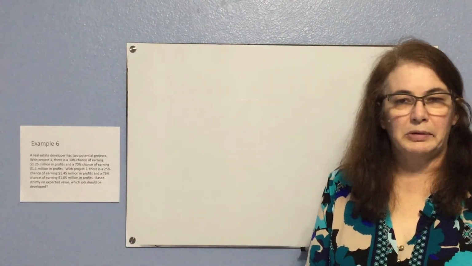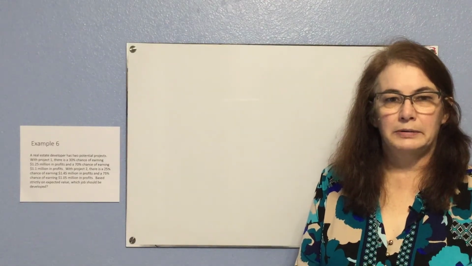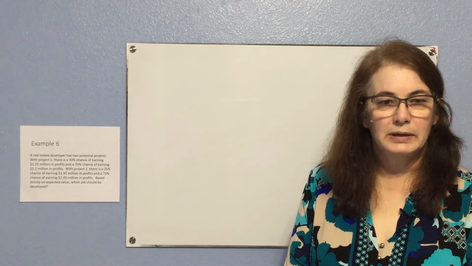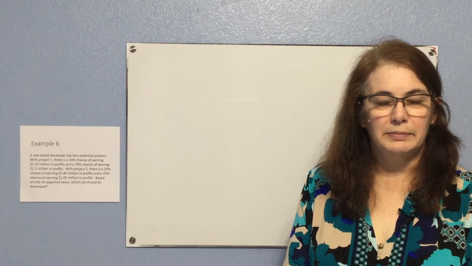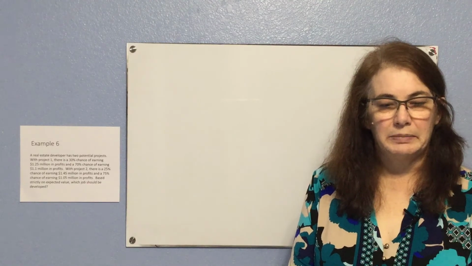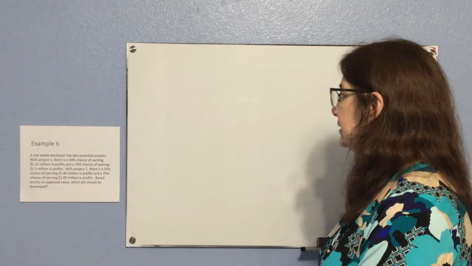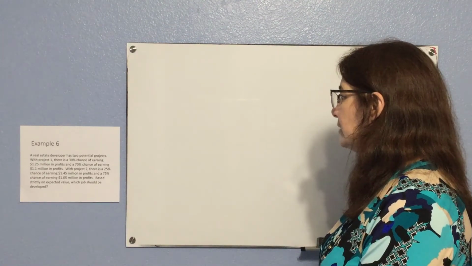A lot of times when we talk about expected value, it's mostly in terms of carnival games or casino games. But there's also some business applications that we might want to think about. For instance, a real estate developer has 2 potential projects.